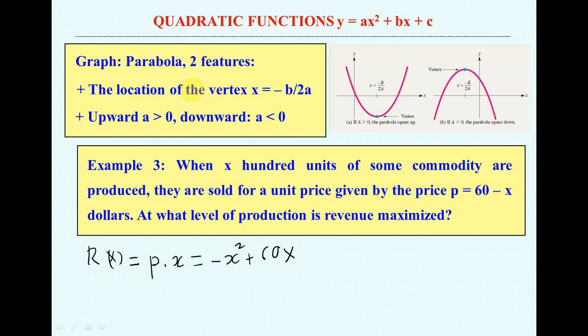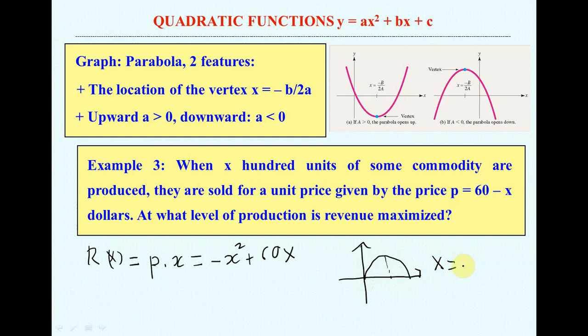So this is a parabola, and the graph will be downward with the coefficient a here negative. And as the graph is downward, you see the vertex will give us the maximum.